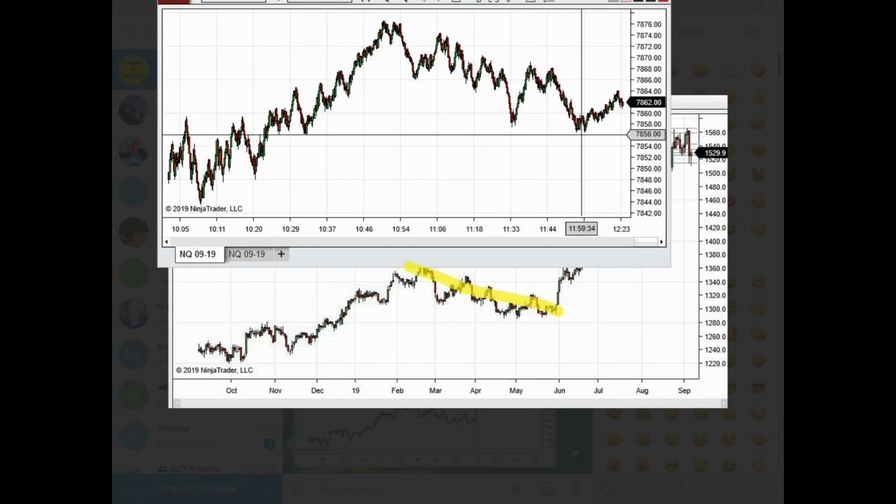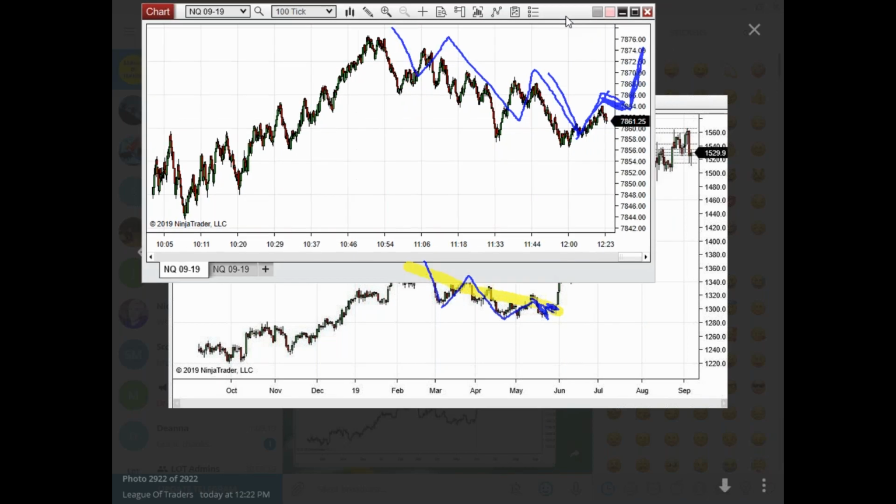Let me draw the comparison moves here. So the difference is, this has that stronger drop to start with. So this would have to pull up and form like that little baby phoenix to get going on the upside, just like this had on that daily chart.